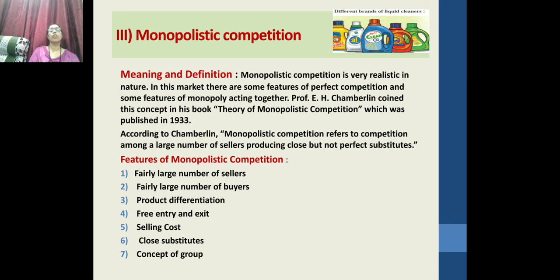Now, features of monopolistic competition. First one: fairly large number of sellers, fairly large number of buyers, product differentiation, free entry and exit, selling cost, close substitute, concept of group. So in monopolistic competition, the first feature is a large number of sellers.